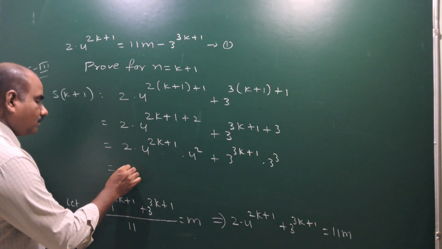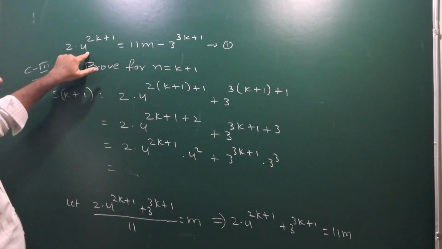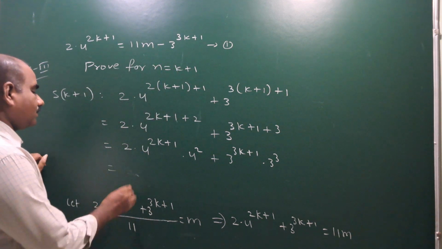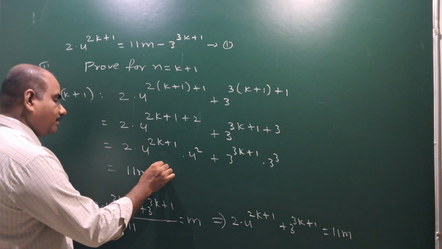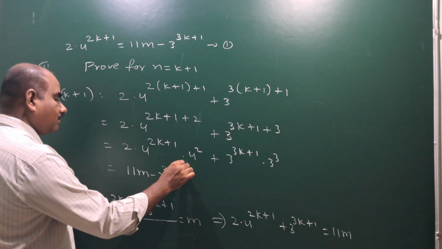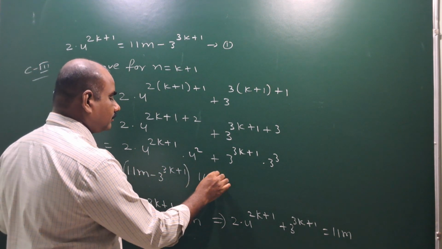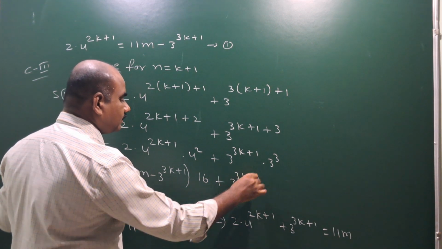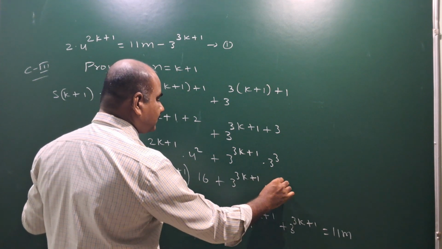Now this is equal to, substituting this value, 2 × 4^(2k+1) = 11m − 3^(3k+1), so (11m − 3^(3k+1)) × 4 squared, which means 16, plus 3^(3k+1) × 3 cubed, which means 27.